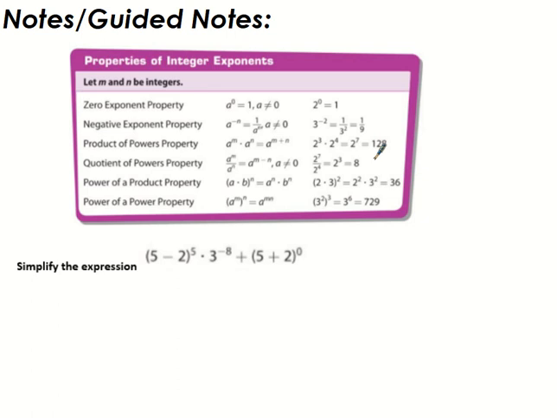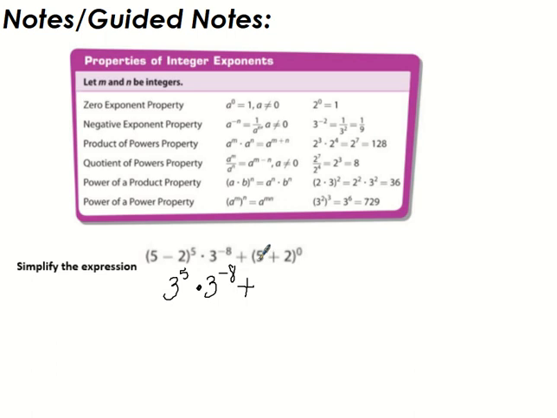So this is us simplifying this expression, and we're going to simplify it as best we can using order of operations, but also exponent properties. Order of operations says first, you do parentheses. So 5 take away 2 would get me 3, and then I'm going to leave the exponent: 5 times 3 to the negative 8.